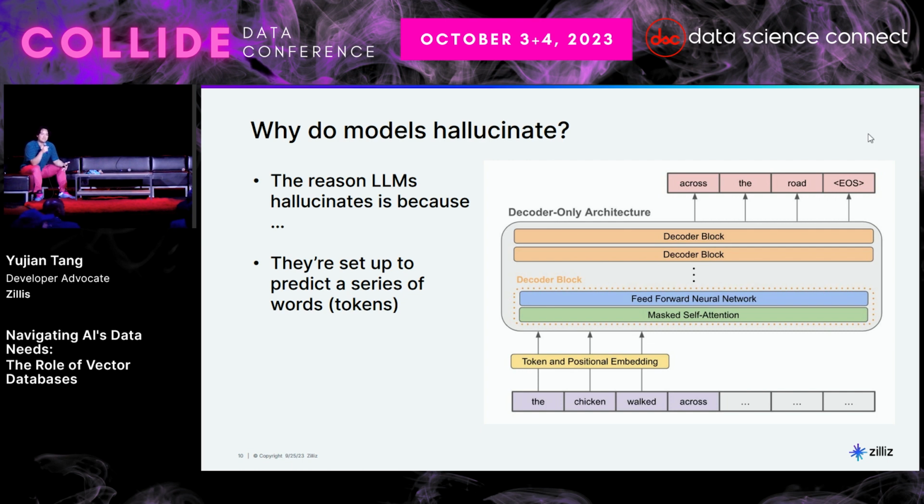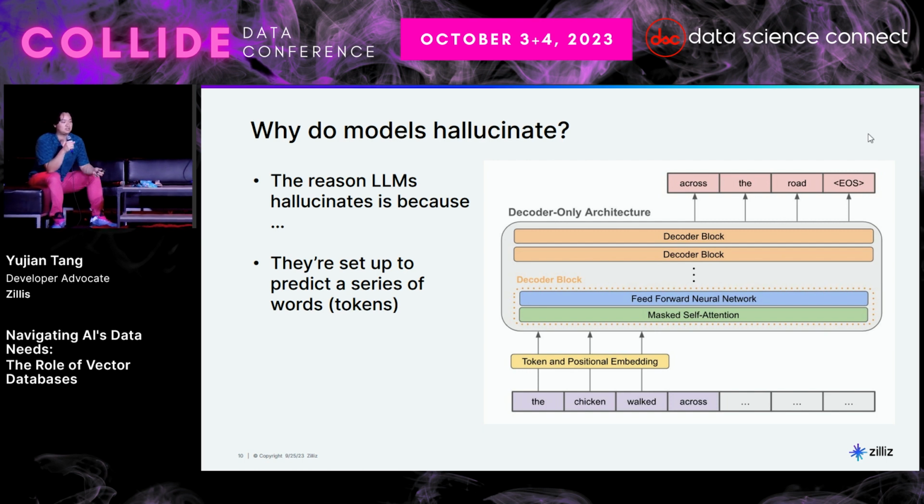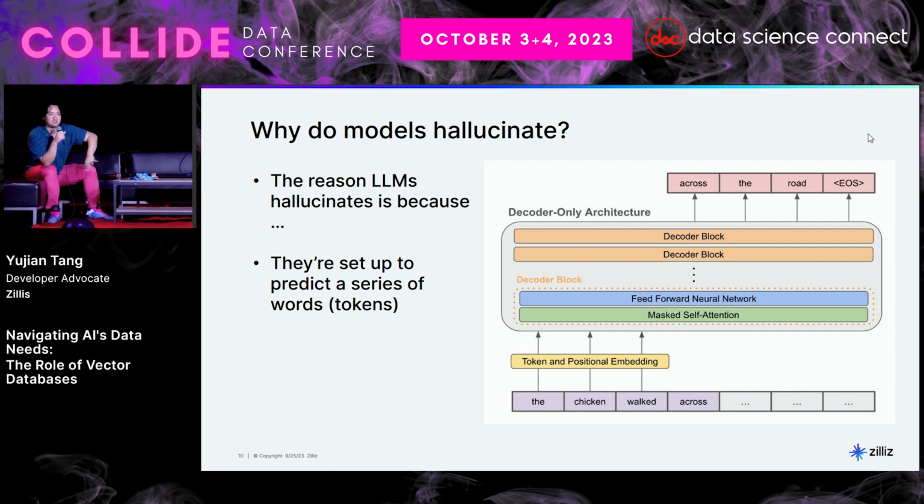And what that means is that it takes a set of state encodings, and it transforms that and predicts the next token or word out of these encodings. So for example, the image shows that the input is "the chicken walked across" and the output is the prediction from GPT, and it says "road." So this is essentially how GPT works.